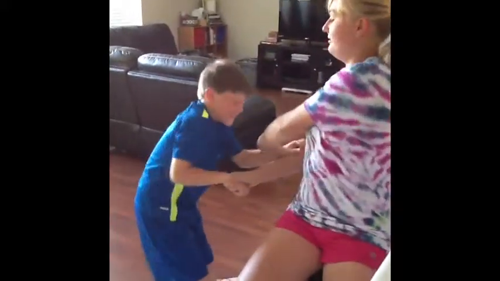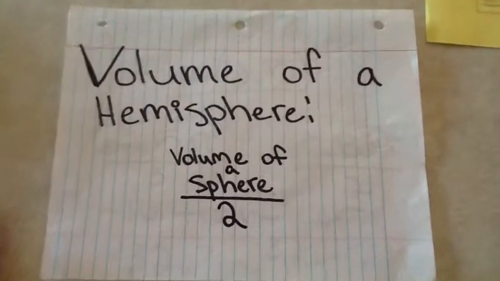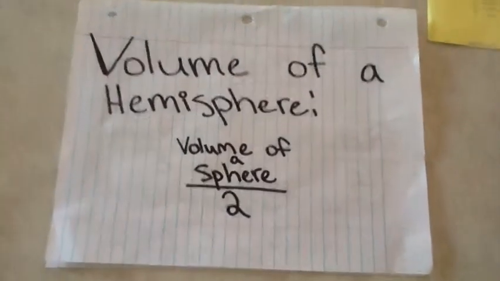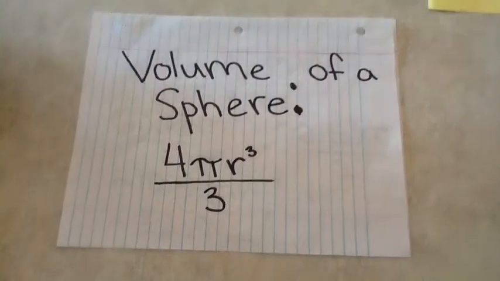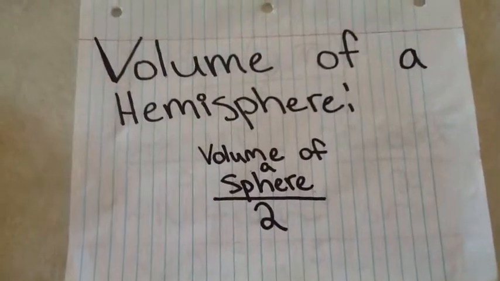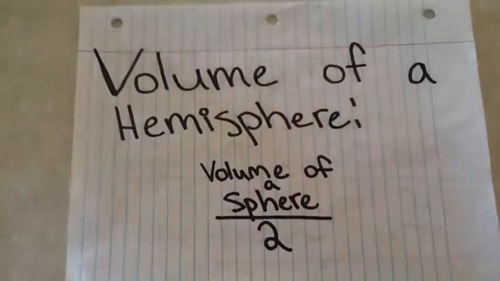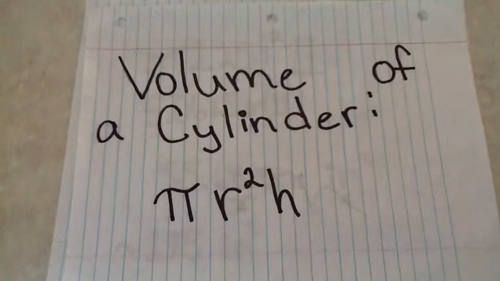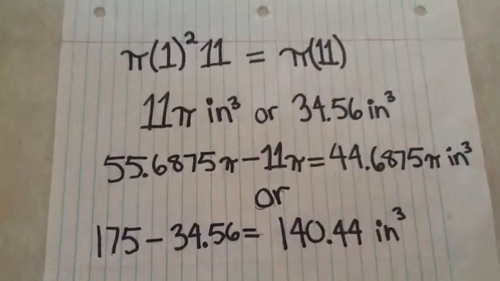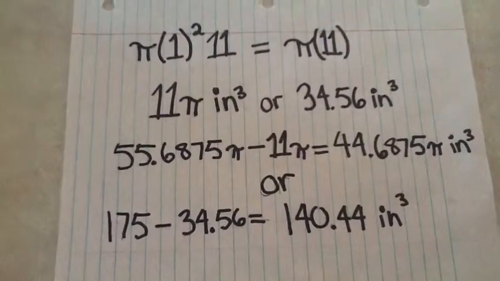To find the volume of a hemisphere, you need to use the volume of a sphere. The volume of a hemisphere is the volume of a sphere divided by 2. Okay, I can't say it. The volume of a cylinder is pi r squared times height. Michelle should say this one. The radius of the inside paper towel.